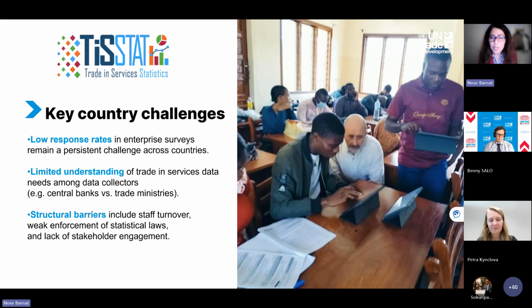The limited understanding of trade and service data needs among data collectors, so central banks versus trade versus NSOs, and also structural barriers, including staff turnover, weak enforcement of statistical laws, and lack of stakeholder engagement.